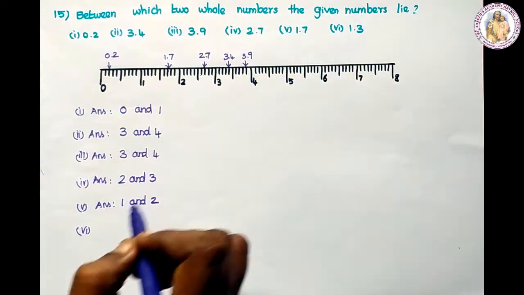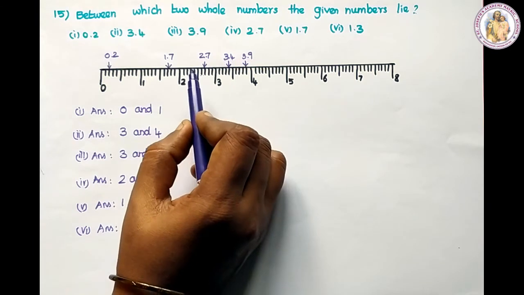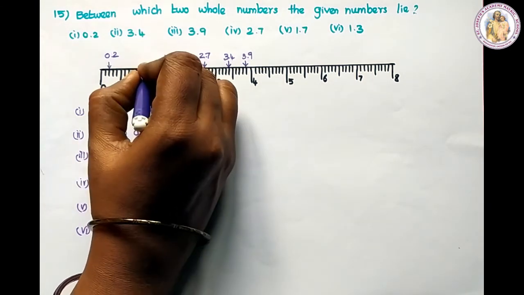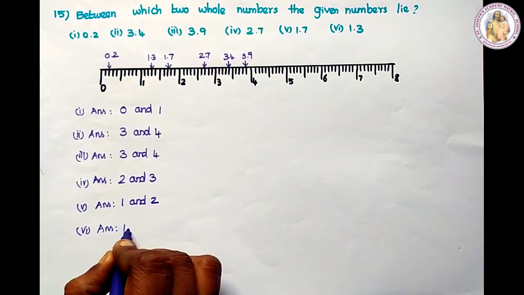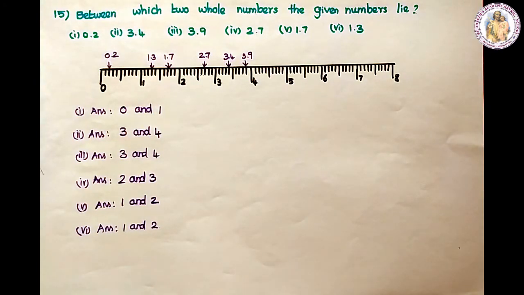Next one 1.3. 1.1, 1.2, 1.3. So it is also in between 1 and 2. So that is the answer.